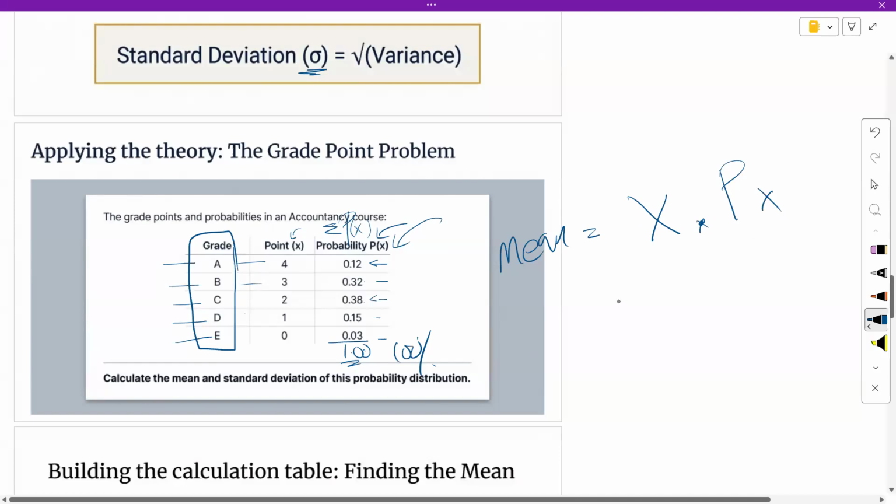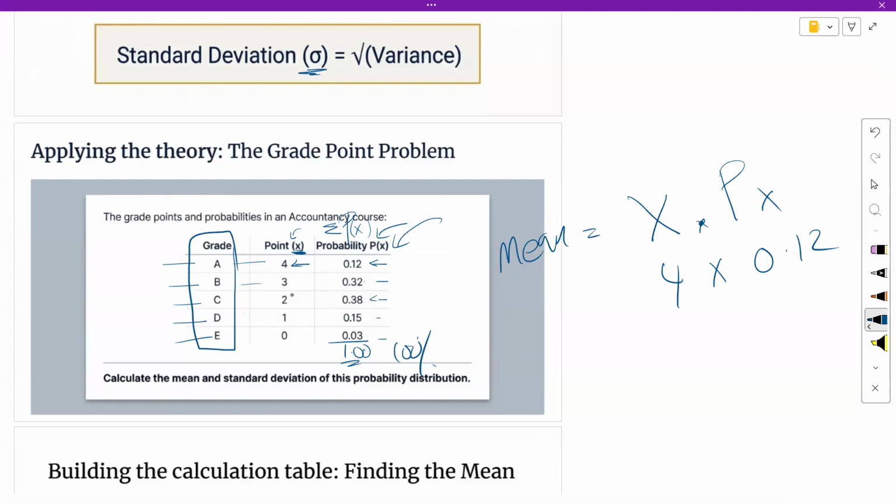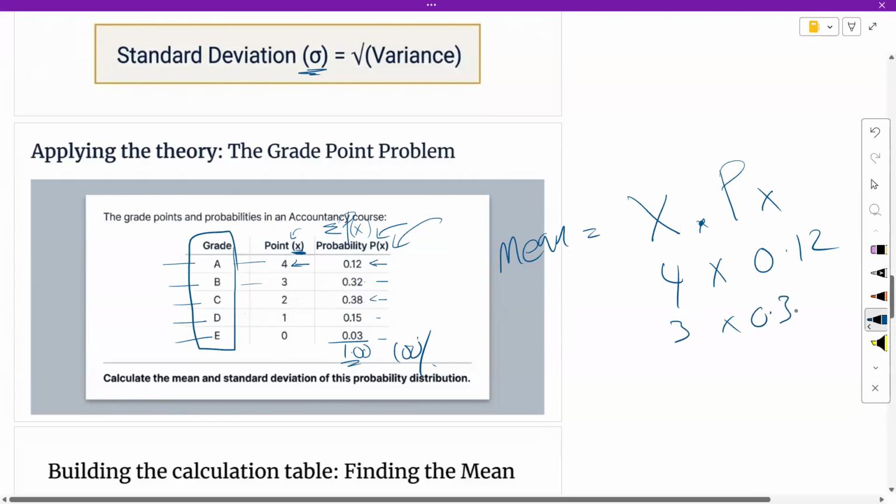Now we know the values of x. What's x? These are the x: 4, 3, 2, 1, 0. And the probability of obtaining 4 is 12%. Simply 4 into 0.12. So that is the value here. And likewise, x value 3 into 0.32.